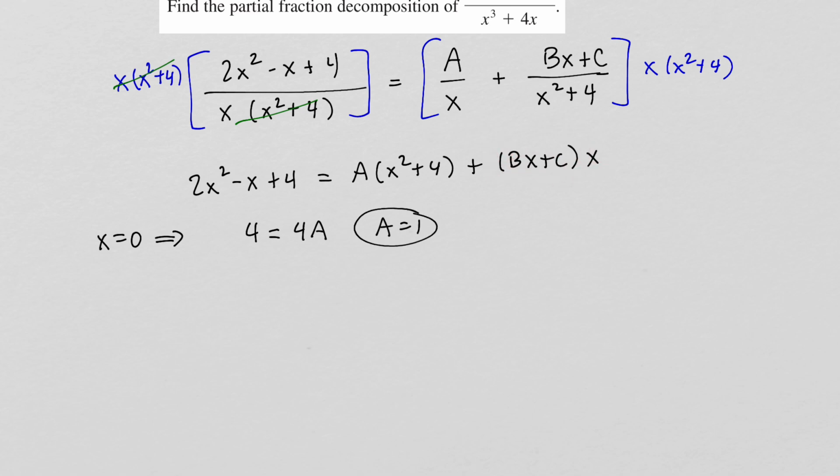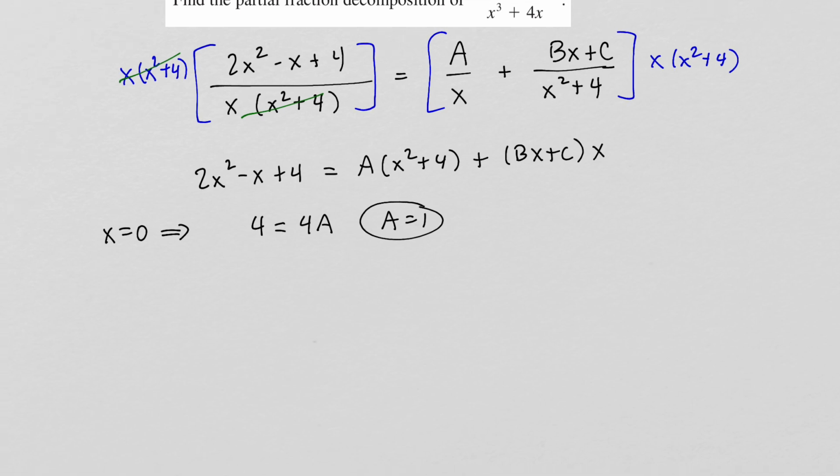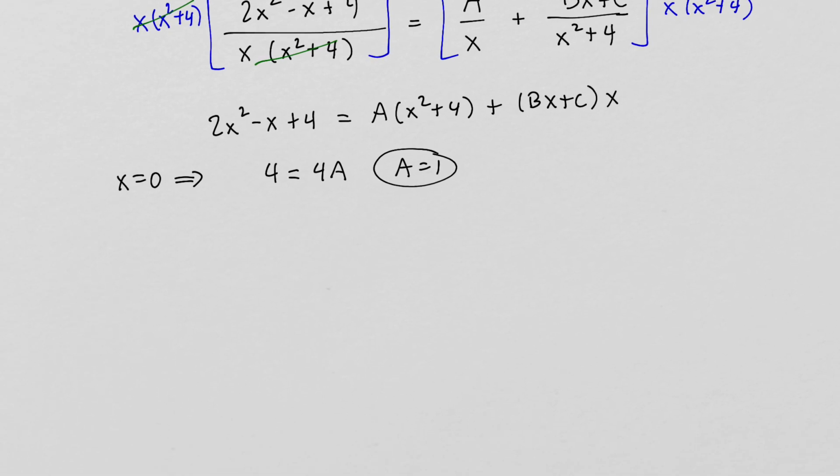Okay, so that's good. Now, how are we going to solve for b and c? There's a couple of different ways to do it. What I like to do is just multiply out everything on the right-hand side. By the way, we know a is 1, so I can go ahead and plug that in there. So I have x squared plus 4 plus bx squared plus cx, right?